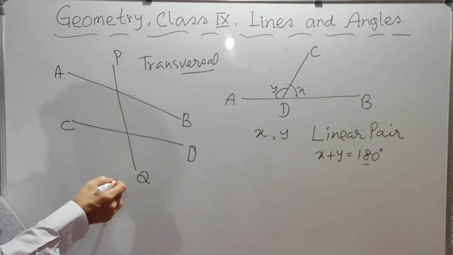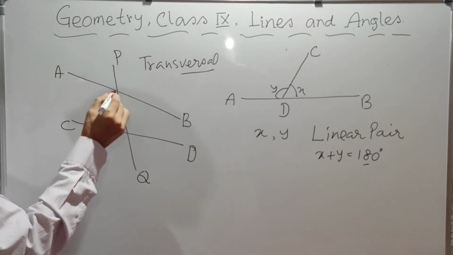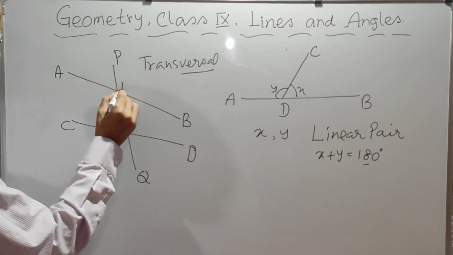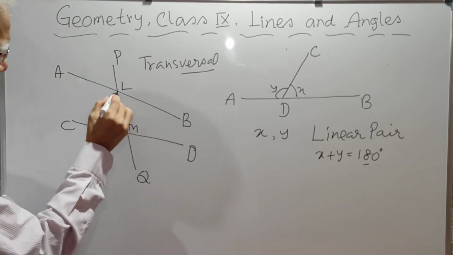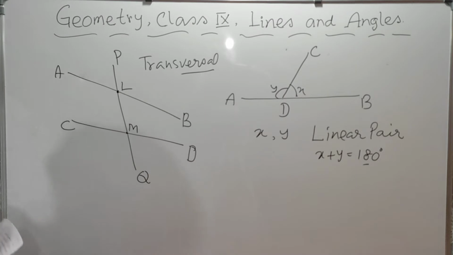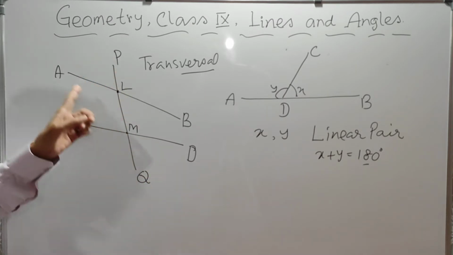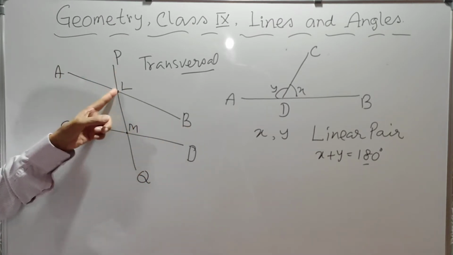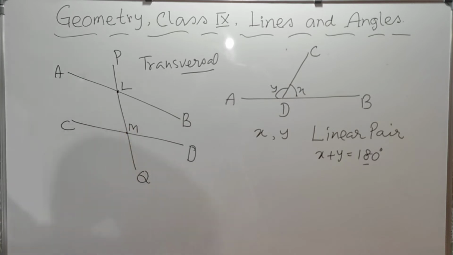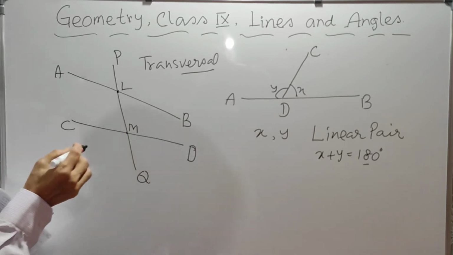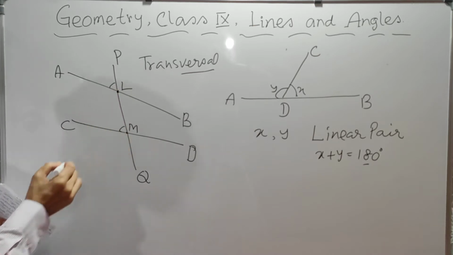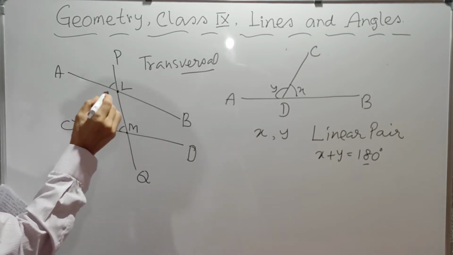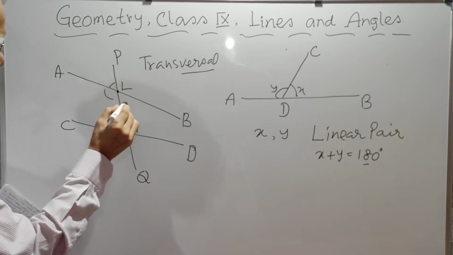Now this transversal cuts AB at, suppose, L and CD at M. So transversal PQ intersects AB at L and CD at M. Let me name the angles first.